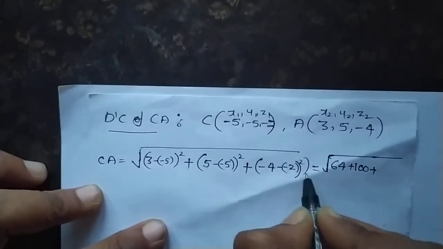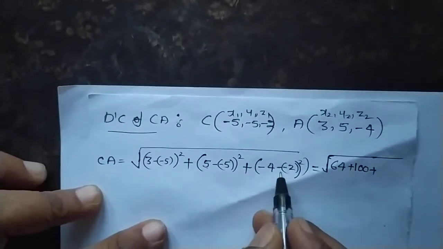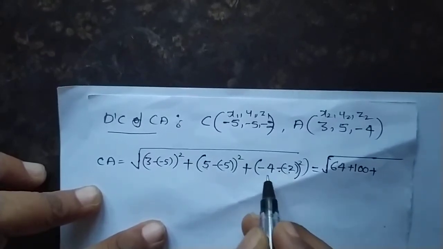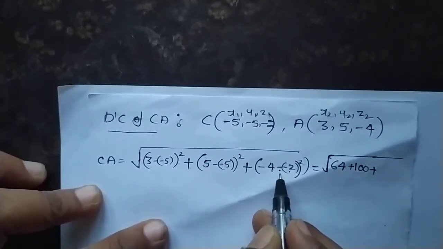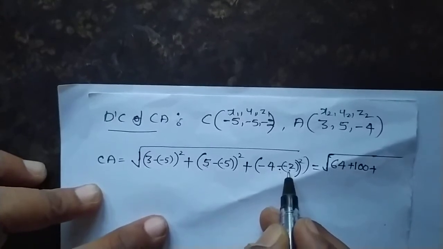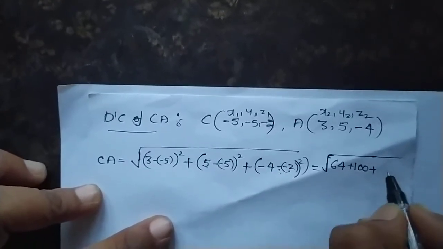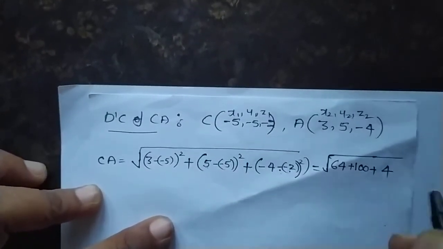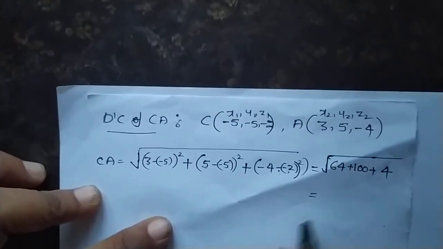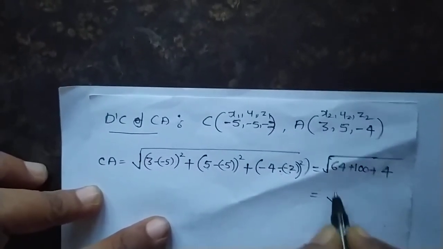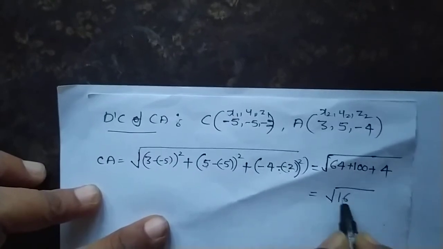Minus 4 plus 2 is minus 2, and minus 2 whole square is 4. Now you simplify it, it will be the square root of 168.